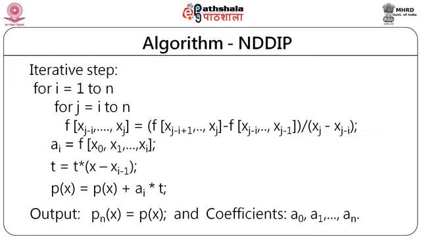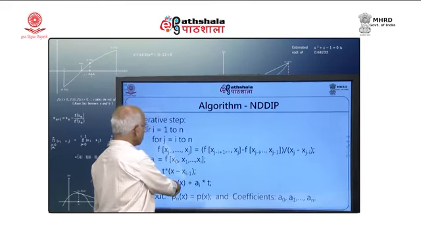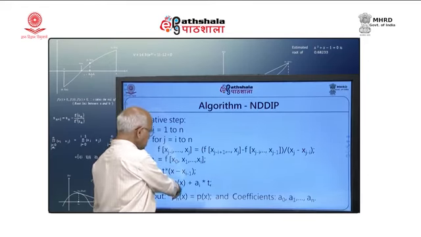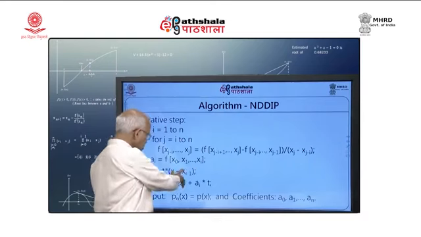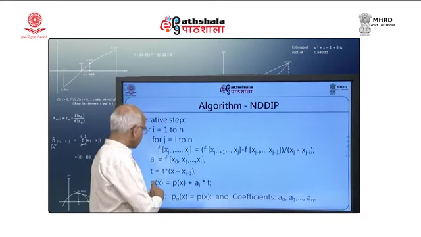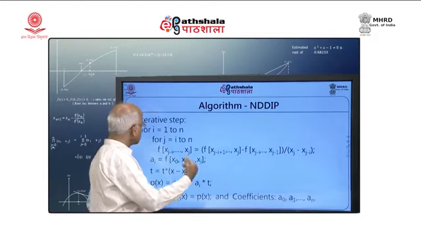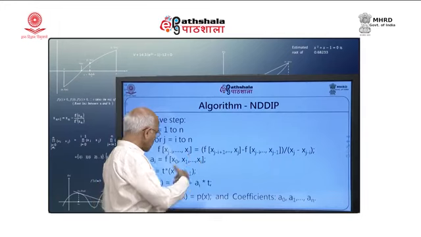So, the factor x minus x 0 will be multiplied to the term, and then you will get p x up to 2 terms added. So, the earlier value of p x is a 0, so that is a 0 plus a 1 into x minus x 0; the first 2 terms of the polynomial will be added, and when i equal to 2 the third term will be added to the polynomial, i equal to 3 the fourth term will be added and so on and so forth.